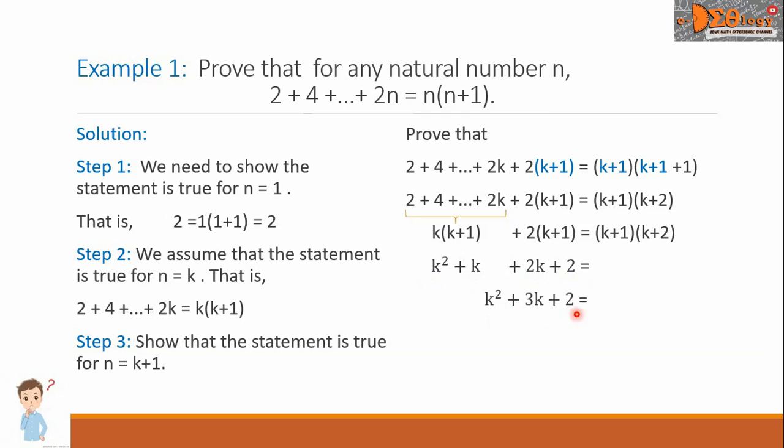If we factor this trinomial, we will get k plus 1 times k plus 2. So we're able to show that this left side is equal to our right side. And we are done. We're able to prove that this theorem statement is true. This is the final answer.